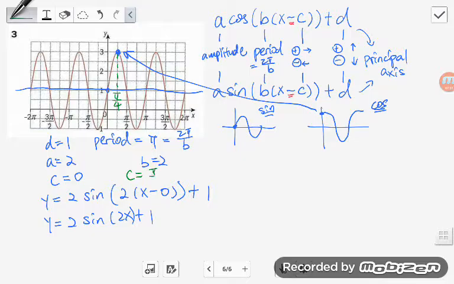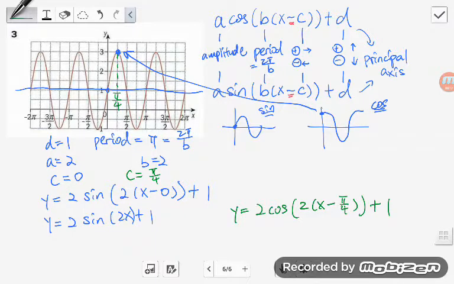So my c is equal to pi over 4. The cosine equation for the same graph would be y equals 2 cosine of 2 times x minus pi over 4, plus 1.